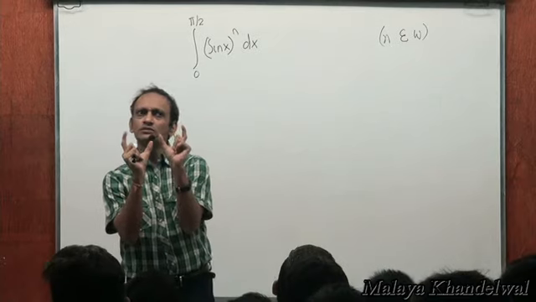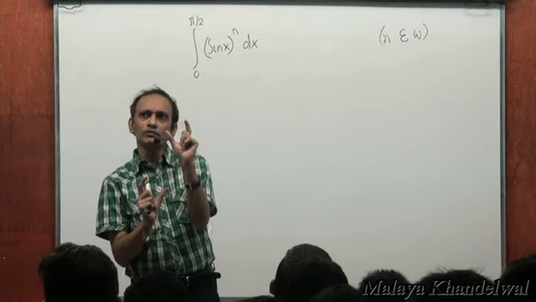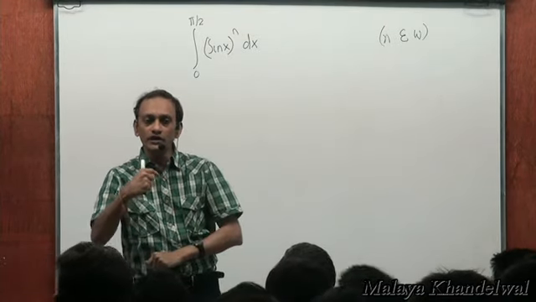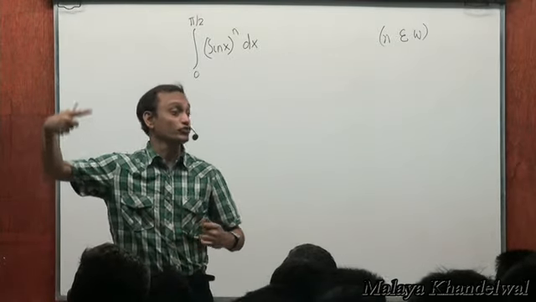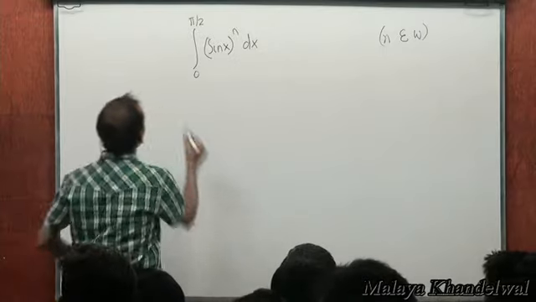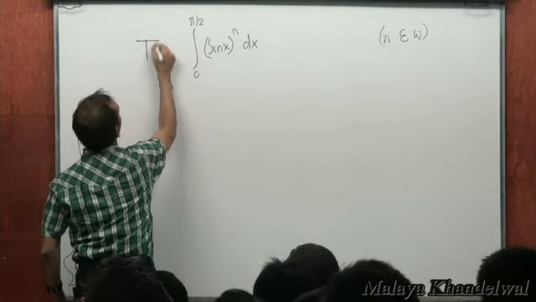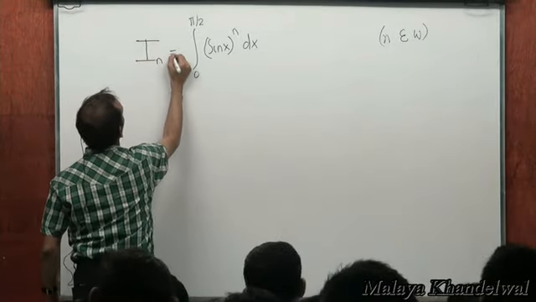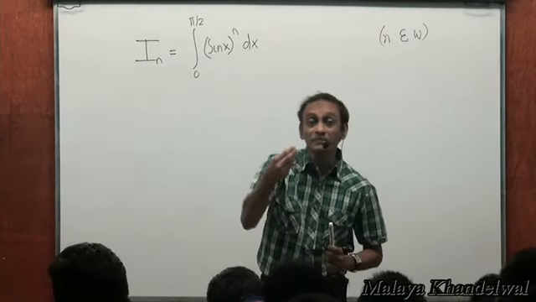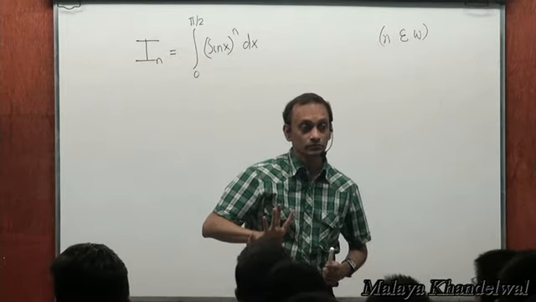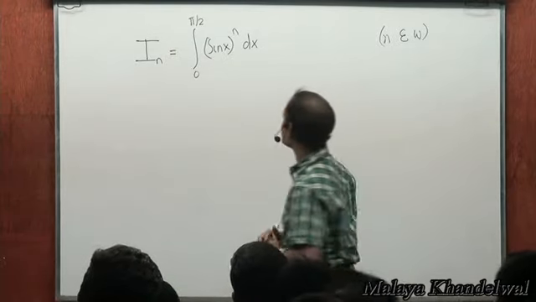If I can connect an integral with a higher power of n to an integral with a lower power of n, then I can reduce the state of that integral. That means, suppose this is I n, and I can reduce it to I of something less than n. See how we do it.